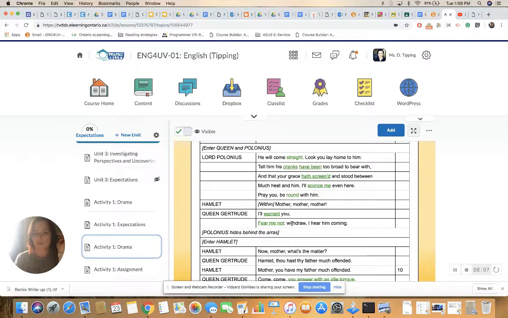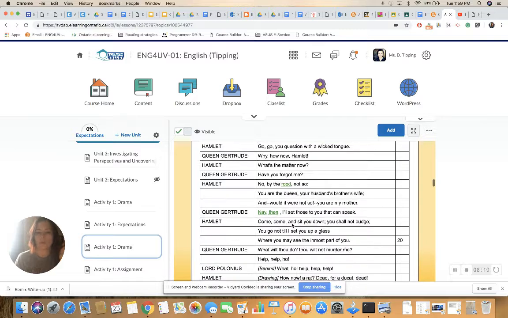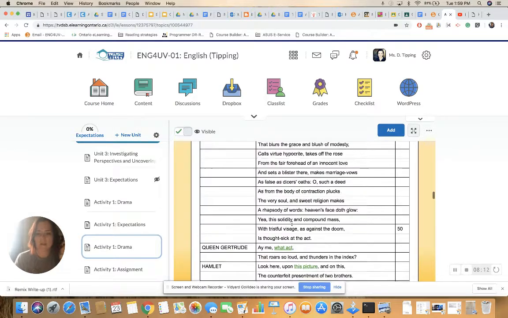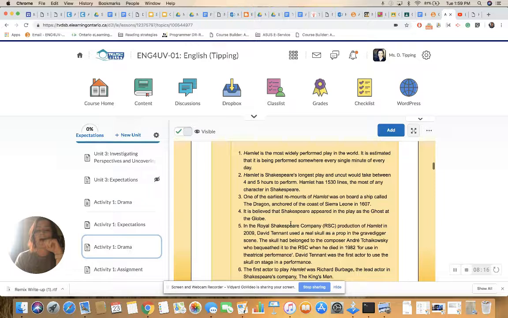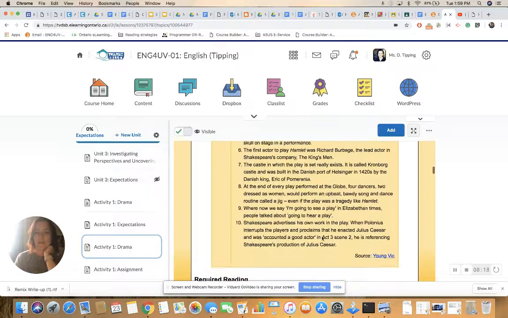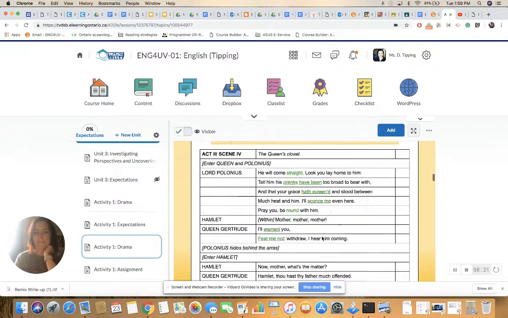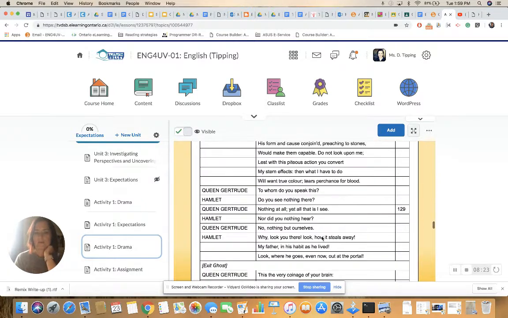Anyway, so the first time you read through, I want you to read it through. Just read it silently like you would read a book. Okay? Now, the next time you read it, so we're going to read it a second time.